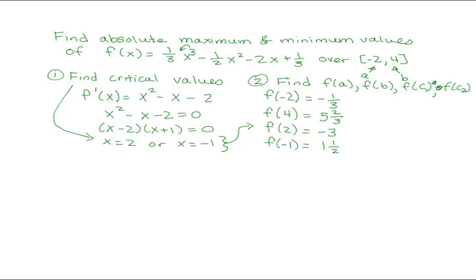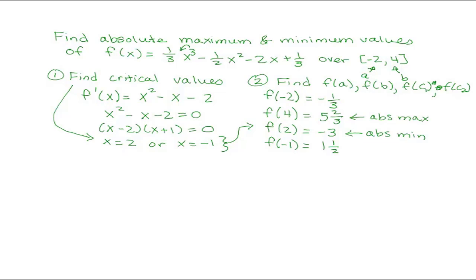All right, so looking at this list, the absolute maximum is going to be the largest number in the mix, so this number here is the absolute max. And the absolute min is the lowest number in the list, which would be -3. And that's it. We're done.